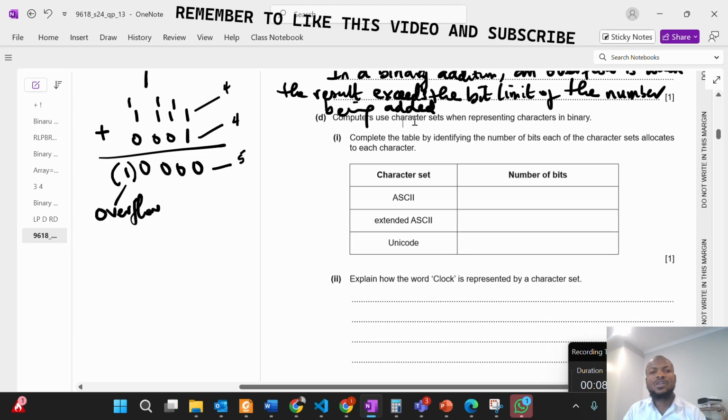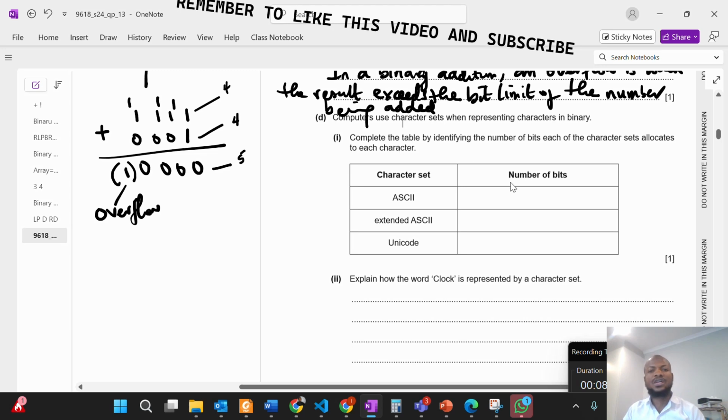Computers use character sets when representing characters in binary. Complete the table by identifying the number of bits each of the character sets allocates to each character. So the character sets are ASCII, extended ASCII, and Unicode.